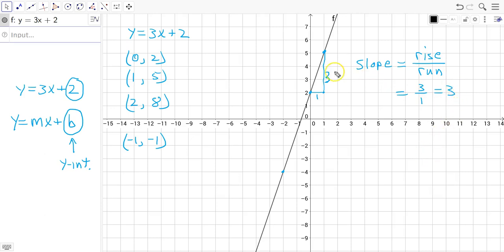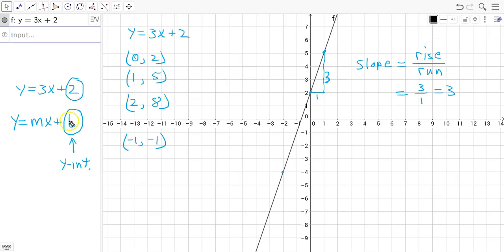Now that number tells you how steeply the line is leaning, or how close to vertical it is. The larger your slope, the more vertical your line is going to be, because if you go over 1 unit and your slope is a large number, you're going to have to go up pretty far to get back onto your graph, and hence your line is going to be very vertical.